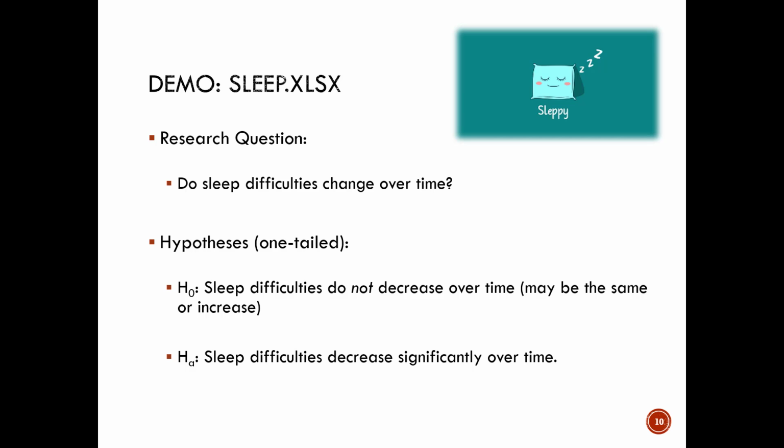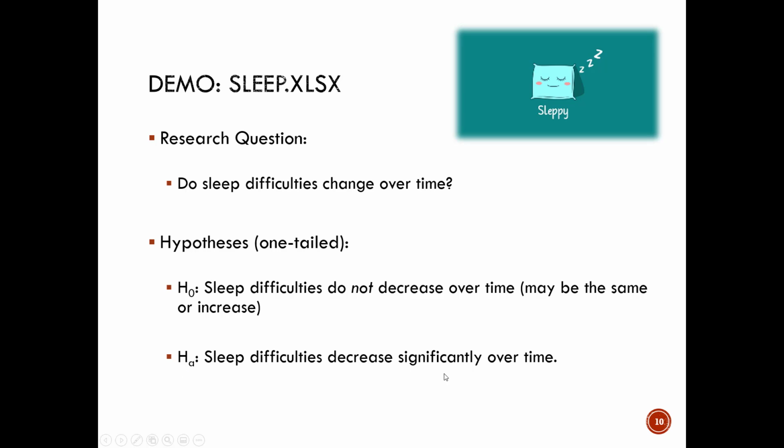But if you wanted a one-tailed hypothesis, here is an alternate hypothesis you might derive from prior theory, or maybe the concept of regression to the mean, where everybody tends to regress to the mean in their scores. If you were elevated in sleep difficulties, over time you get closer to the typical level of sleep difficulties, so it might decrease significantly over time.